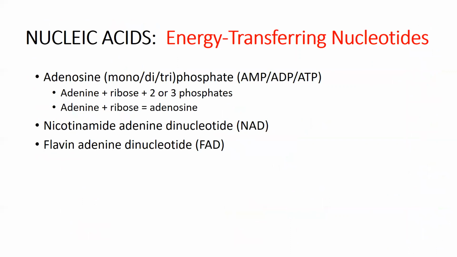Let's talk a little bit about energy transfer in our nucleotides. So basically adenosine, which is a major component of our energy transfer. So they can be monophosphate, diphosphate, or triphosphate molecules. And these are a way for us to store phosphate groups. So as you'll see, this is adenosine, which is the nucleotide. And we can add 1 phosphate, we can add 2 phosphates, we can add 3 phosphates.